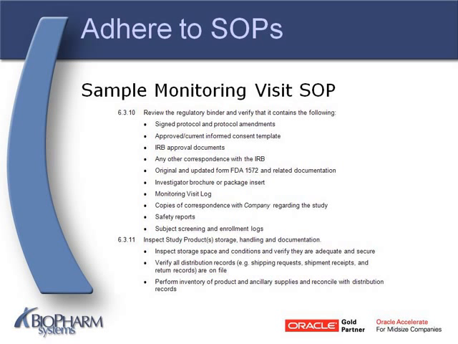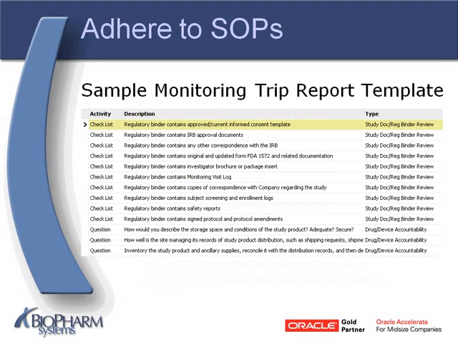So when we look at this, we can directly translate this into a trip report template within the system. So this slide basically shows that what we've done in the system is translate that SOP for each of the items that were study, document, regulatory binder related.